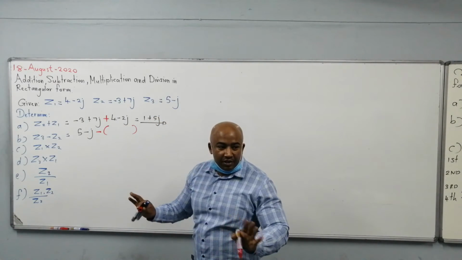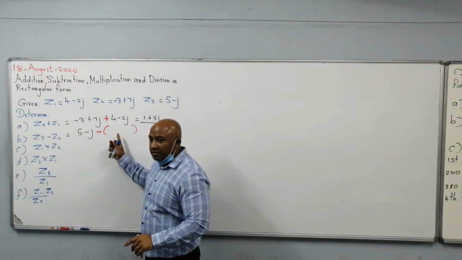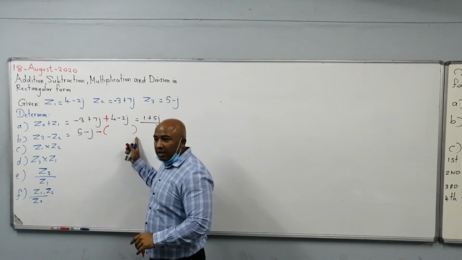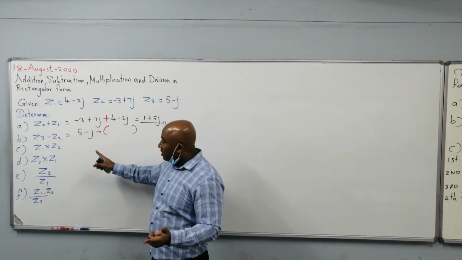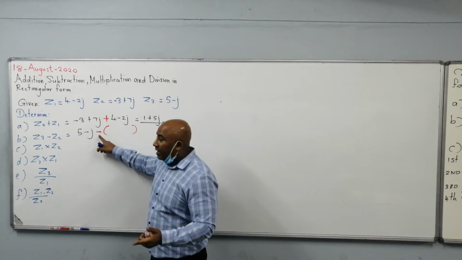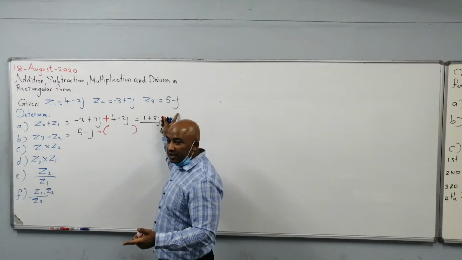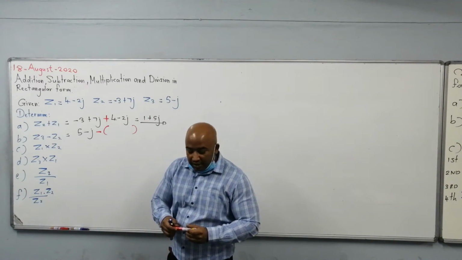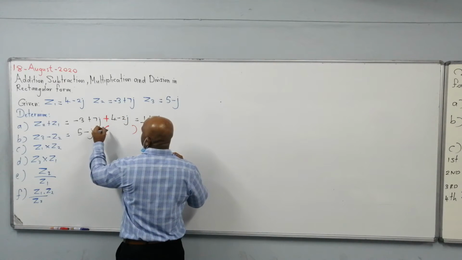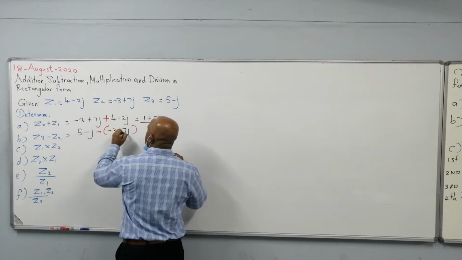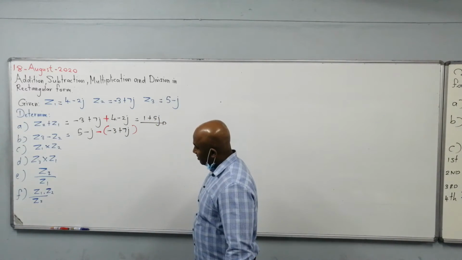Straight away, before I even wrote down Z2, notice, what am I doing here? I'm introducing brackets. You should know, you've been doing maths for how many years now? As soon as you put a negative sign, and there's more than one term you're going to subtract, you must introduce brackets. Right, so Z2 is minus 3 plus 7j.